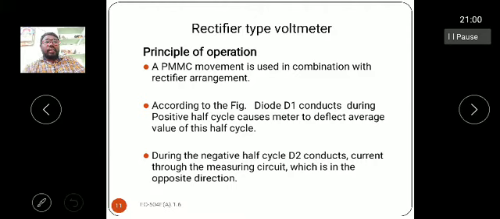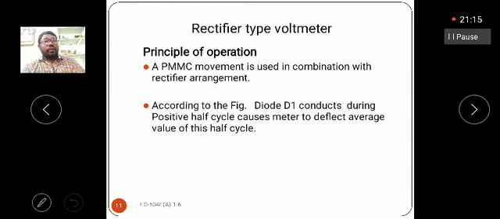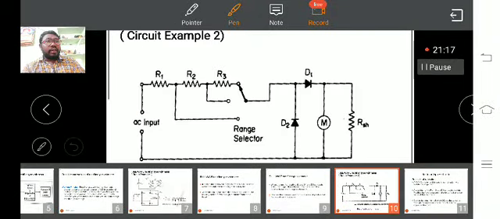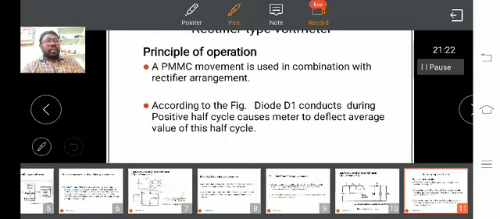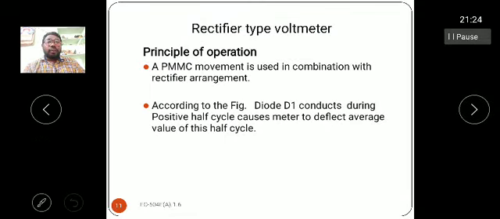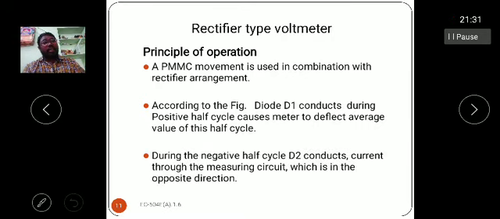According to the figure, diode D1 conducts during the positive half cycle, causing the meter to deflect according to the average value of the half cycle.